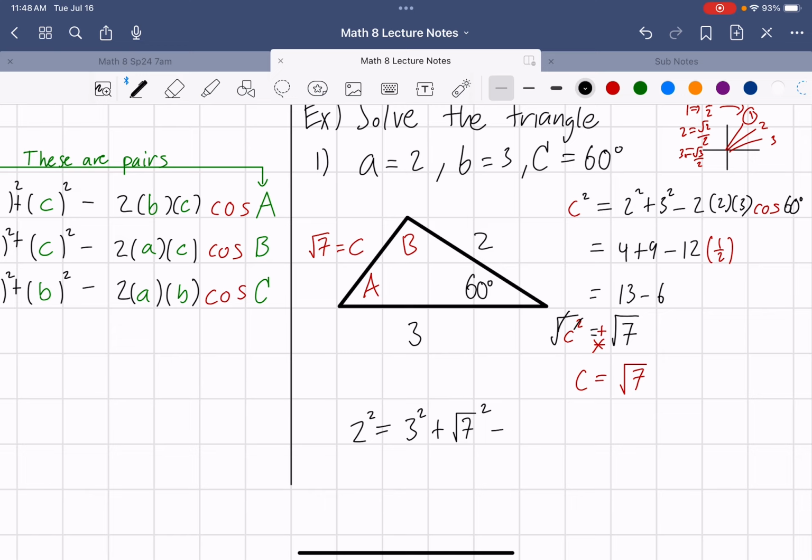Now we're going to subtract 2 times, we're doubling the product of those two opposing sides, 3 and then square root of 7. And then we multiply by the cosine of the angle that corresponds to that side. And the moment you are ever trying to solve for an angle, I'm going to make a quick note here.